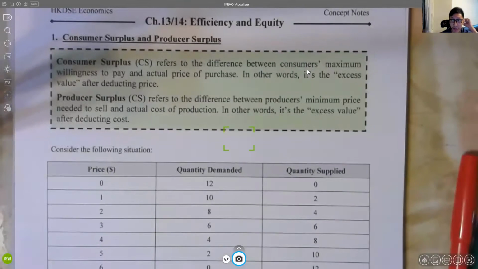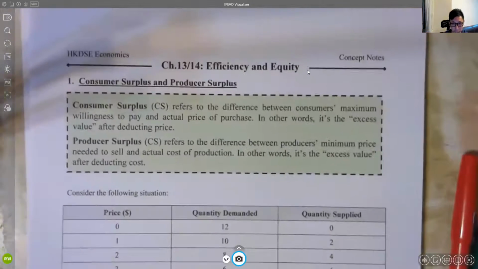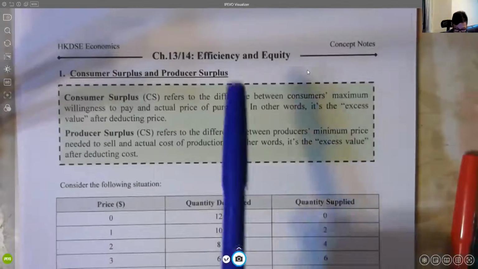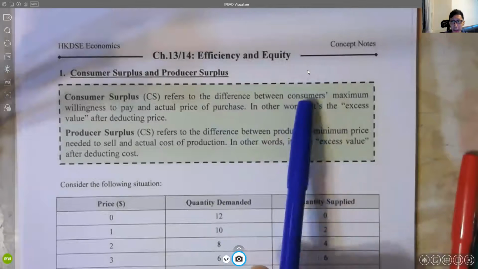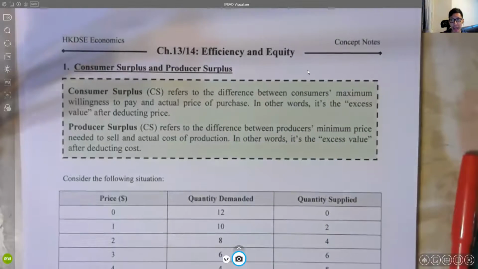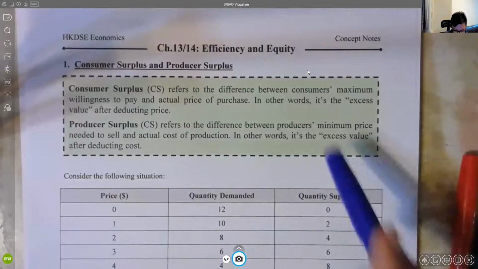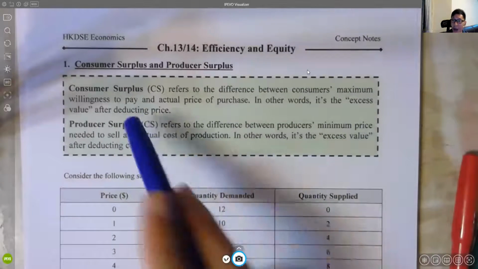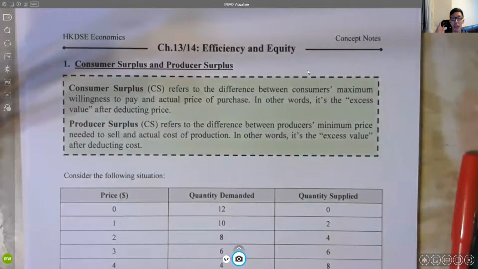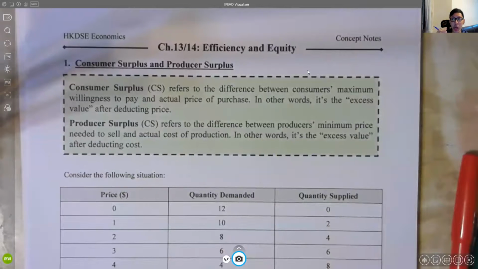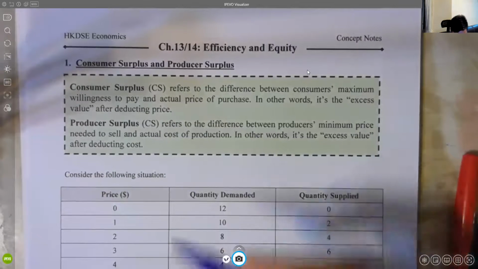All right. Now, first, definition-wise, consumer surplus refers to the difference between our benefit and the things that we need to pay. In other words, it's the excess value after deducting the price. For those of you who love to use mathematics, let's put it this way.